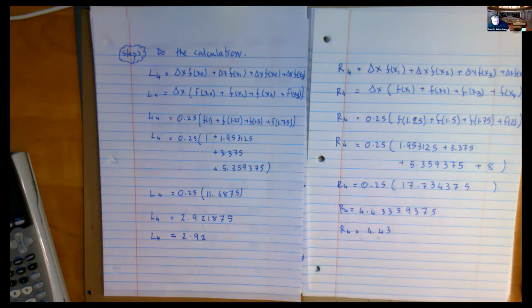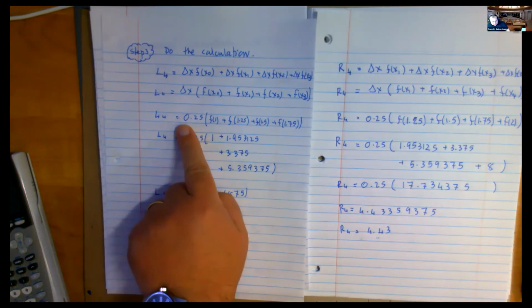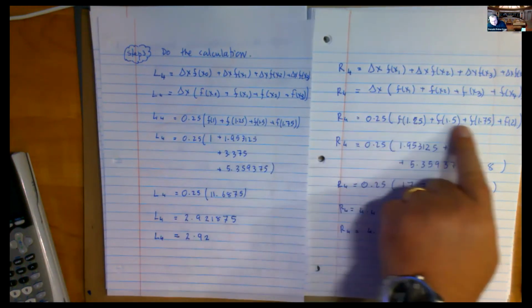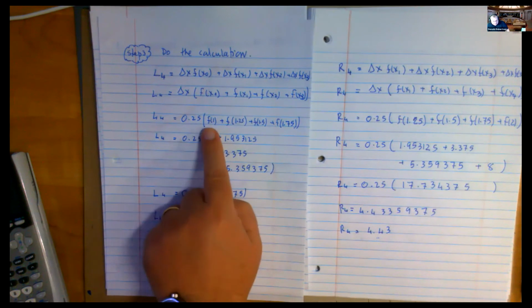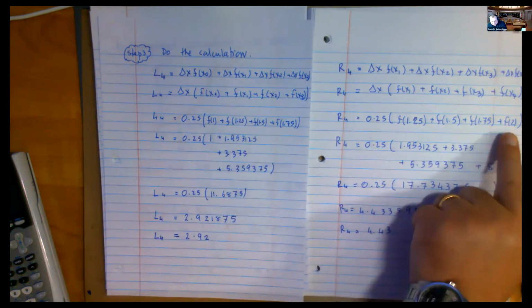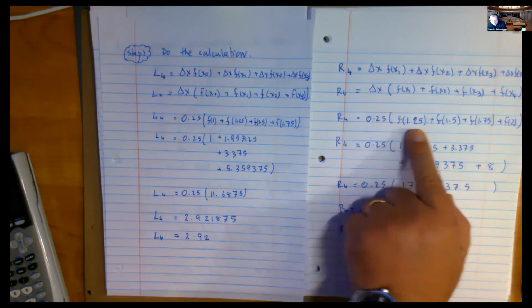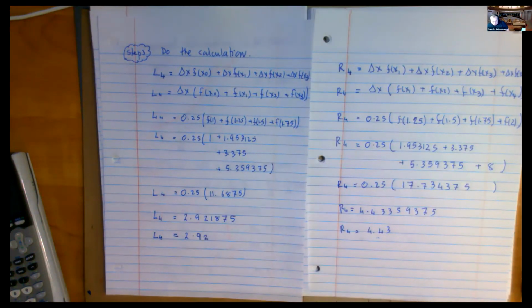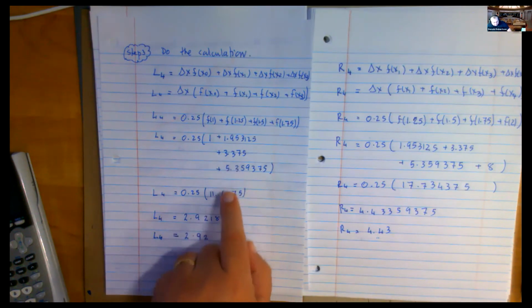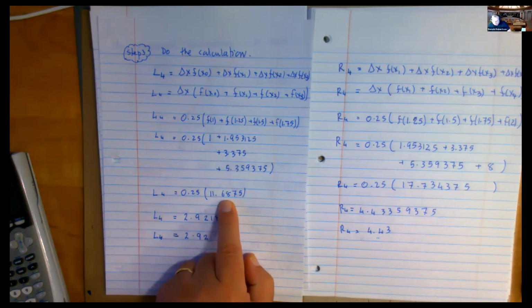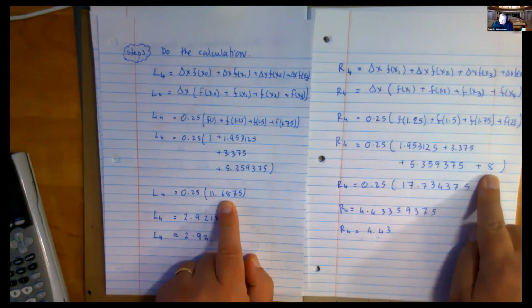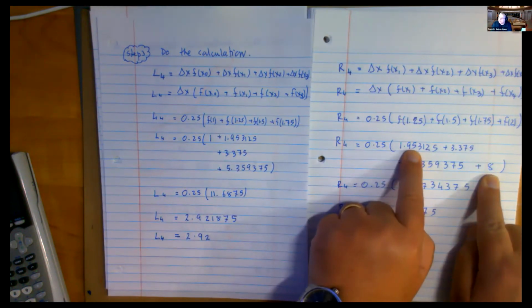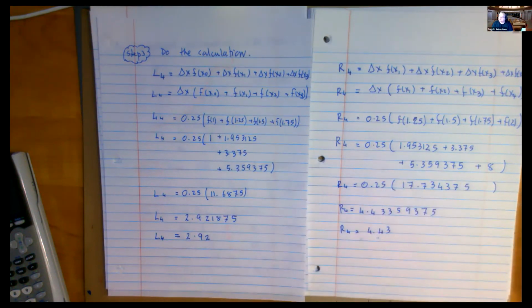The second one is kind of sneaky, but it works. Have you noticed that the difference between this answer and this answer is that this one uses a value at 1 and this one doesn't, and this uses the value of the function at 2 and this one doesn't? What does that mean? It means that I can use this answer here, add that guy, and take away that guy, and I'll get the answer.